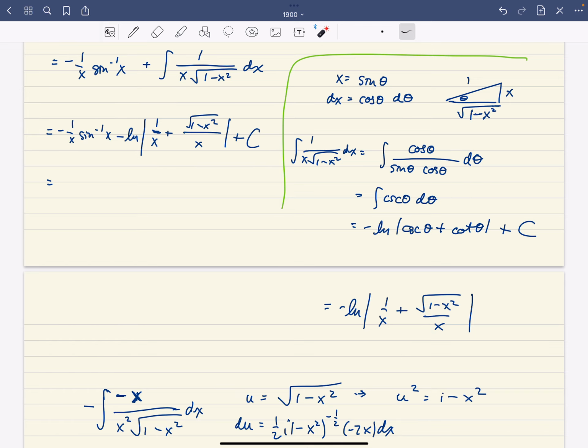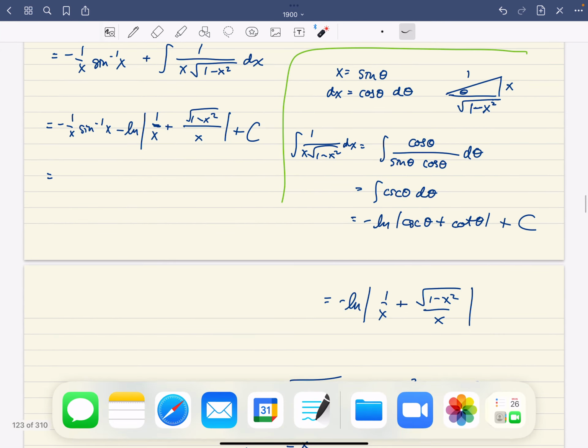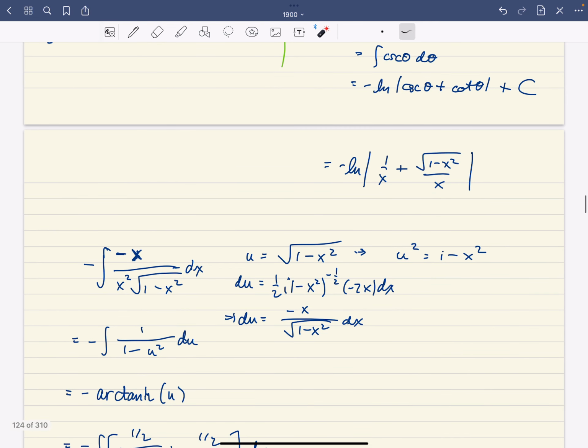The other way that I thought to do this was to take the integral we started with, 1 over x times square root of 1 minus x squared. So we would let u be the square root of 1 minus x squared. And then we can square both sides.